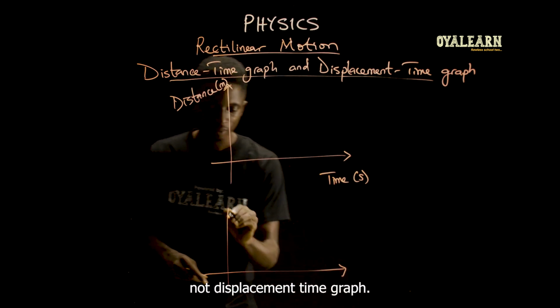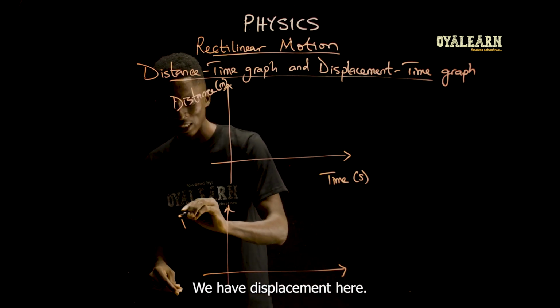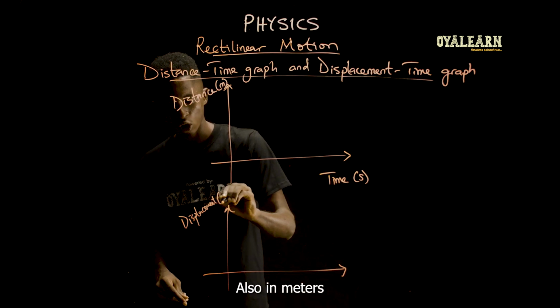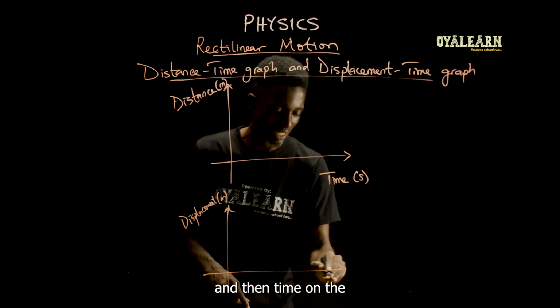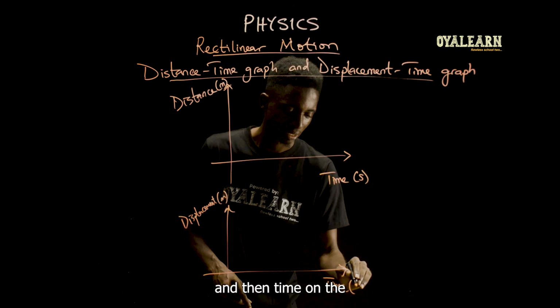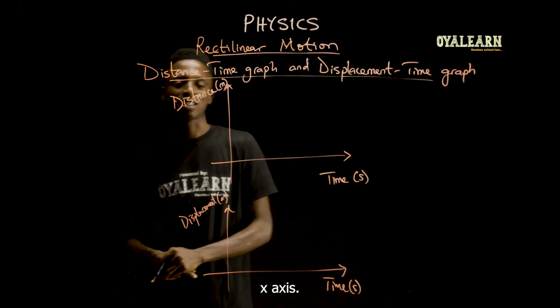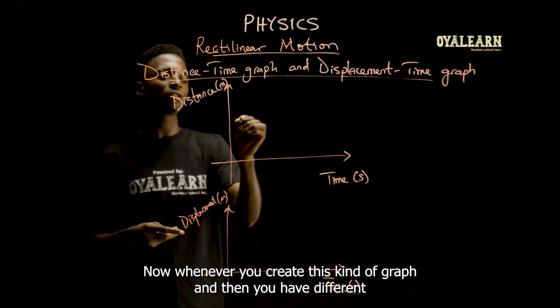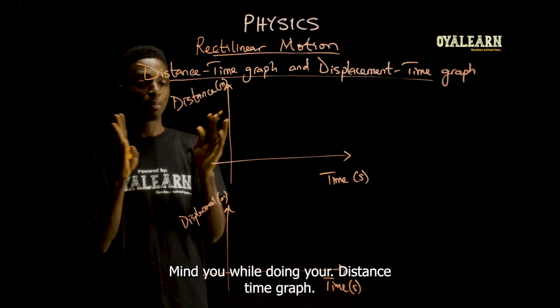In the displacement time graph, we have displacement here, also in meters, and then time on the x-axis.